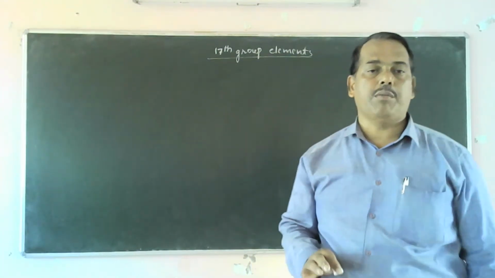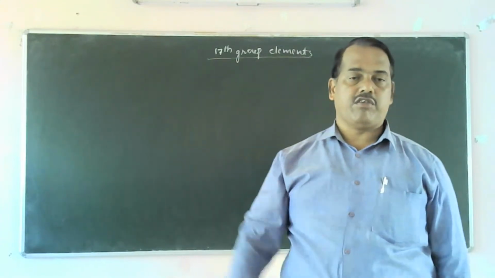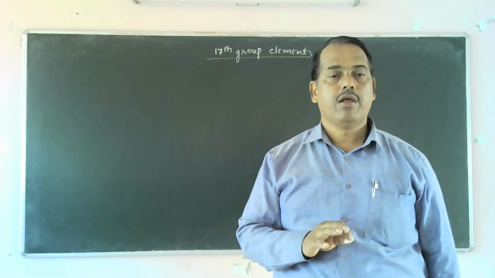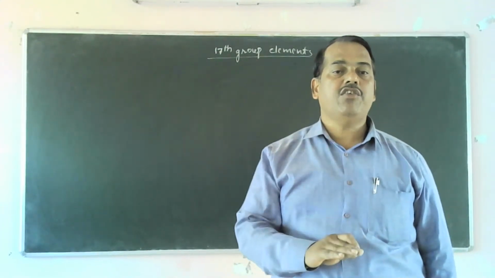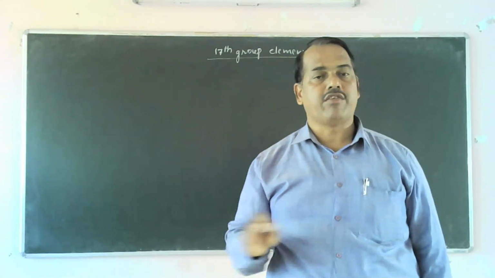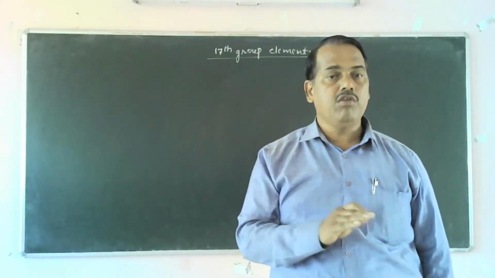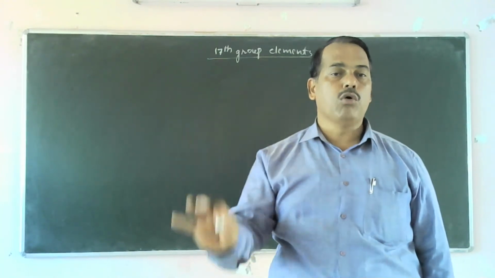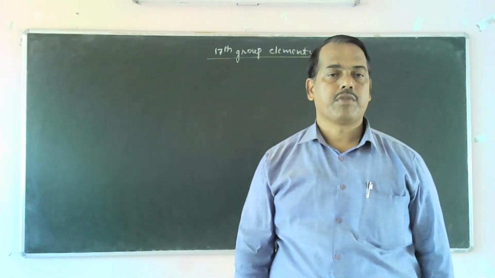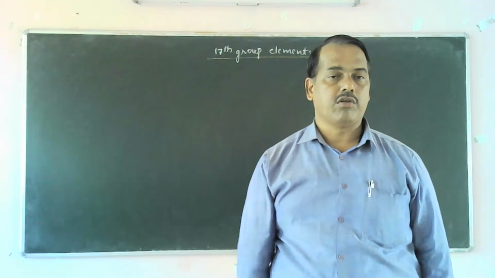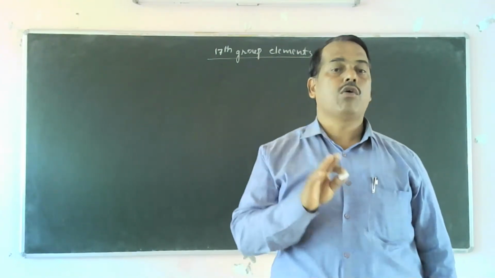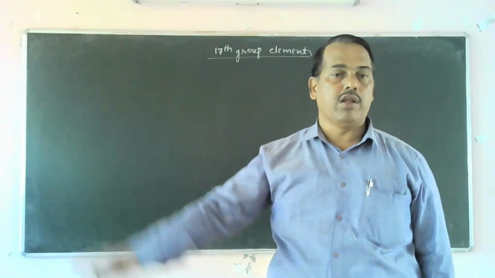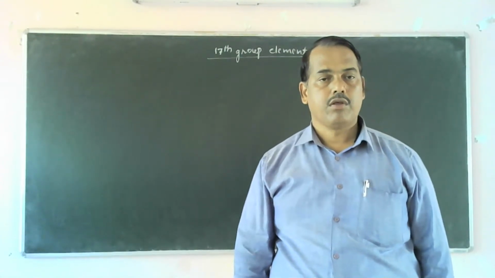Okay. It is also prepared by Deacon's process. What is Deacon's process? It is nothing but oxidation of hydrochloric acid in the presence of cupric chloride, CuCl2. A very important equation. Explain the Deacon's process for the preparation of chlorine gas.